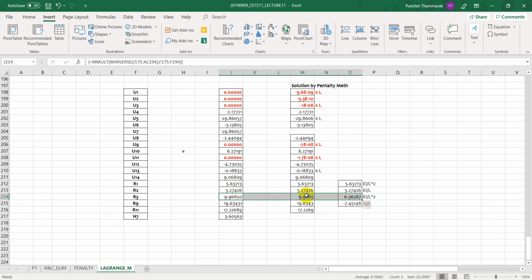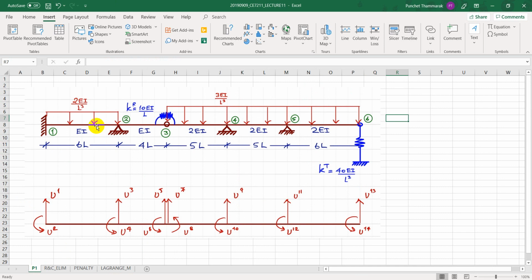Why? Because right now, it is the reaction force that acts on member number 1 only. But at that support, it produces reaction to member number 1 and member number 2. What we obtain just now, we calculate the reaction to this member.